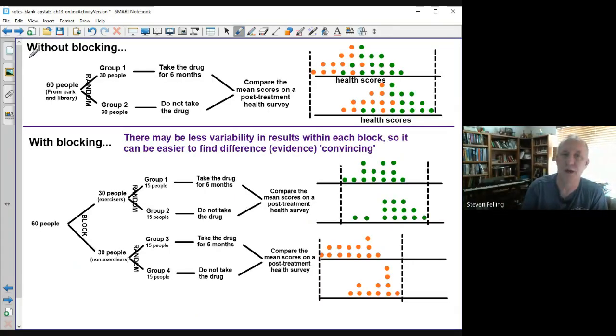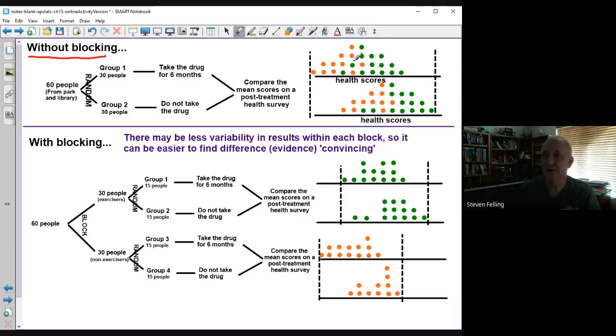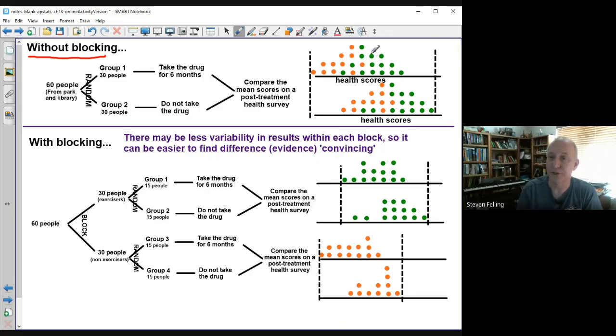Let's say we did no blocking here, right? And we had some factor here, like the exercising and non-exercising people. So I've got people here written with an orange dot if they don't exercise and a green dot if they do, right? So if you have the group of people that were from the park, or this was maybe the library group, I don't know which group it was, but if you have one group that had maybe more exercisers than the others, maybe you would see some difference here.